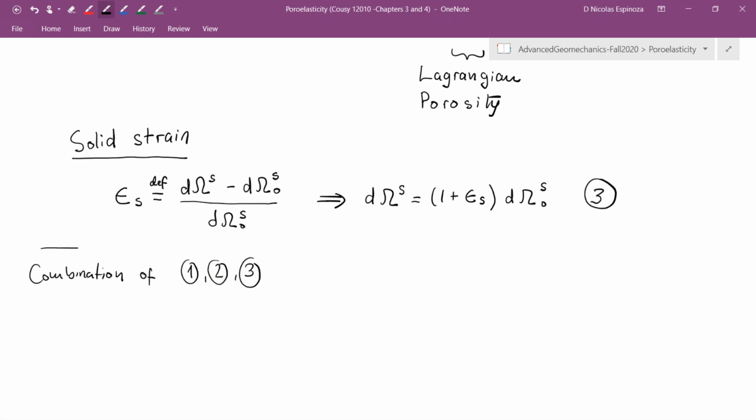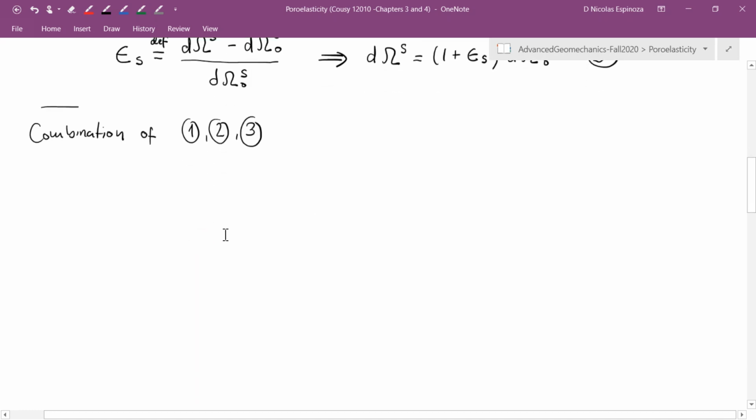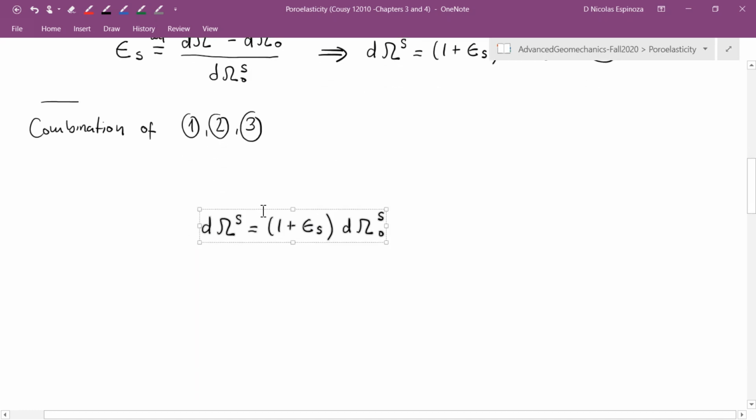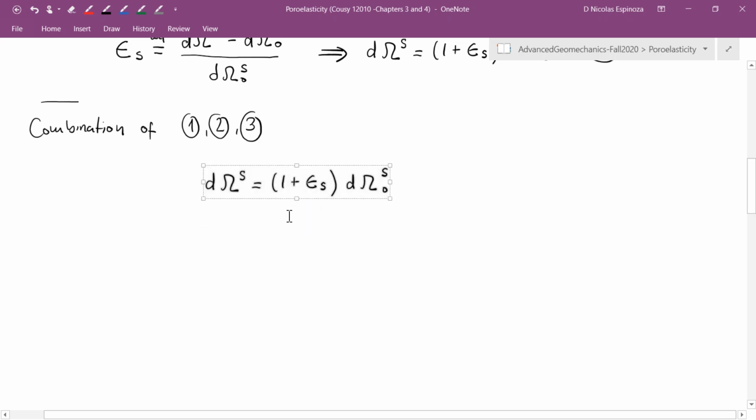Let me find that. My mouse is a little bit lost. Okay, so here's my mouse. So this equation, I'm going to rewrite the equations using the definitions of Eulerian porosity and Lagrangian porosity.